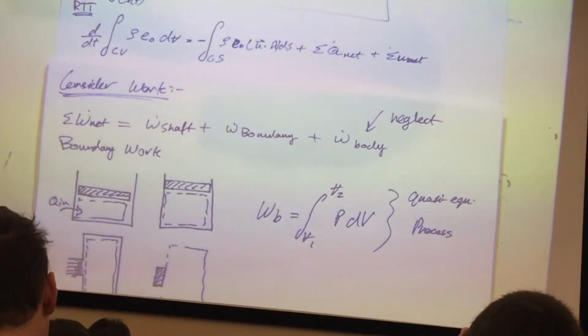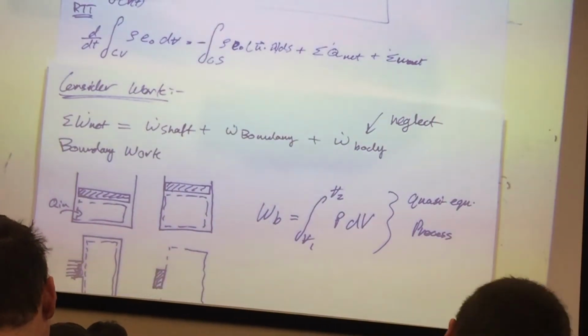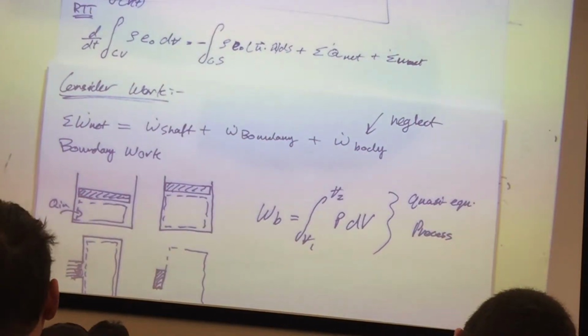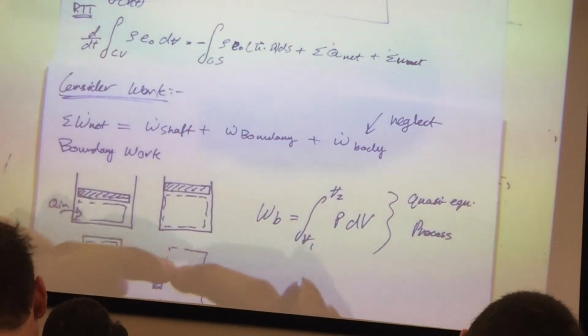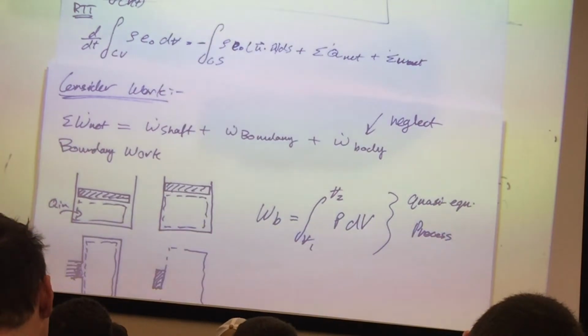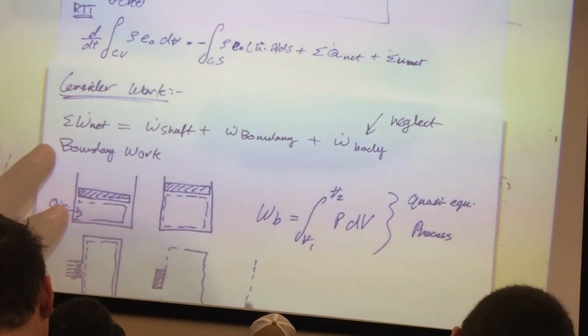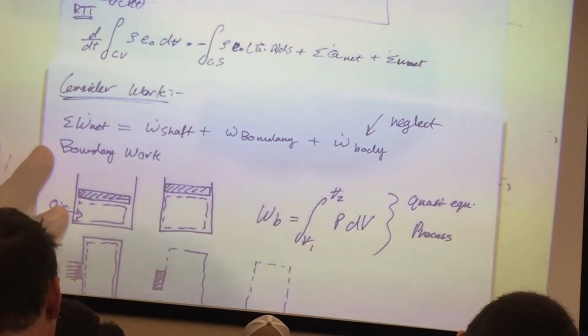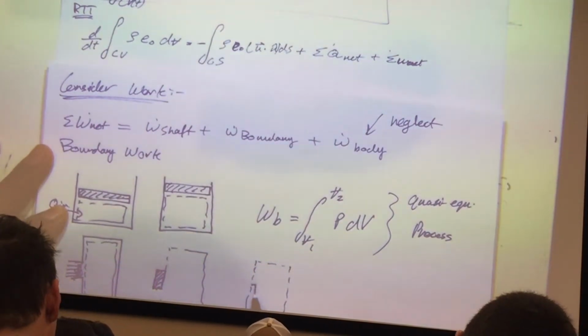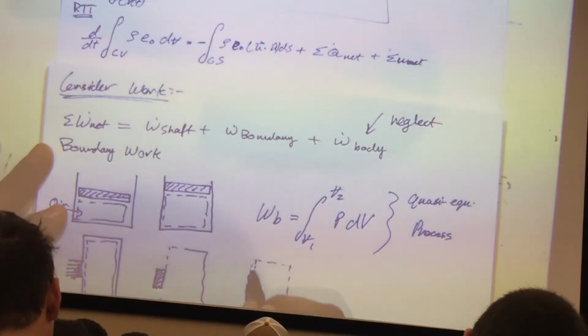It's a volume of fluid that I'm defining, coming at a specific velocity to that control volume, and it just rams in there and goes into that control volume domain.